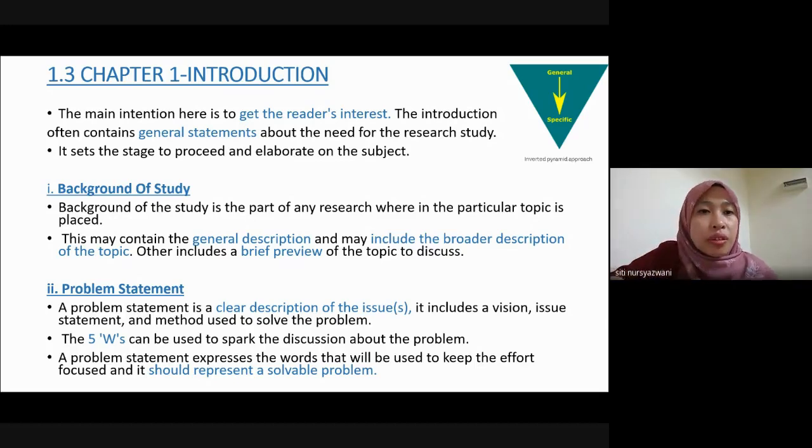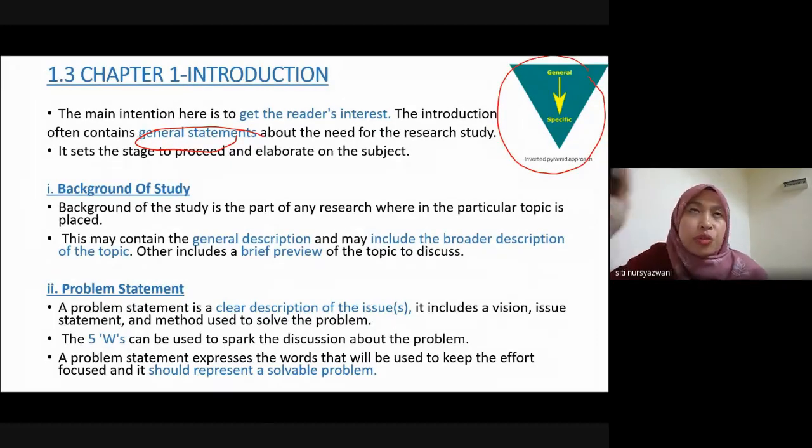So the introduction often contains a general statement, okay, general statement about the need for the research study. It sets the stage to proceed and elaborate on the subject. And kebiasaannya introduction ni dia akan follow this inverted pyramid approach. So daripada general and then dia pergi kepada specific to your research project.